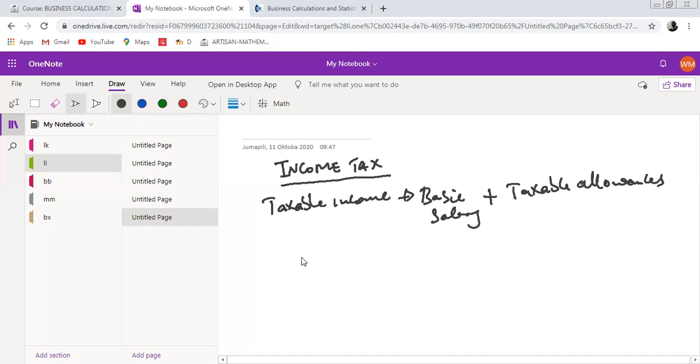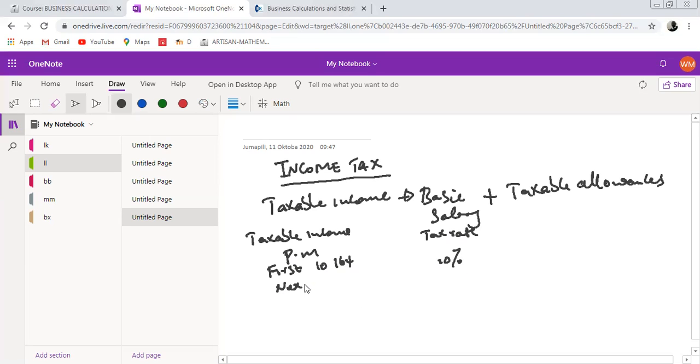I picked this from the question that I gave you to attempt, where you are given this table of taxable income per month. The first 10,164 has a tax rate of 10%.